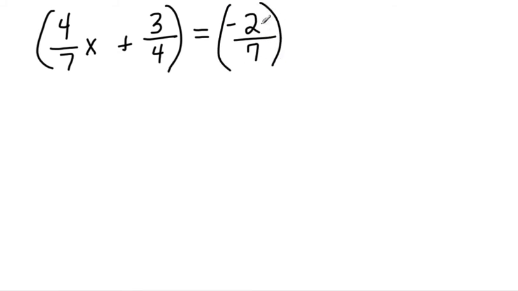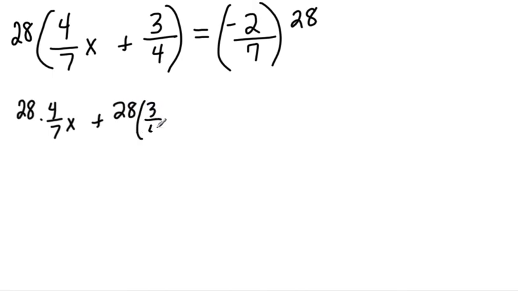That's the least common denominator, so everything is going to go into it. So watch this because it's going to get more complicated immediately following this problem. So 28 times 4/7 x plus 28 times 3/4 equals negative 2/7 times 28/1.